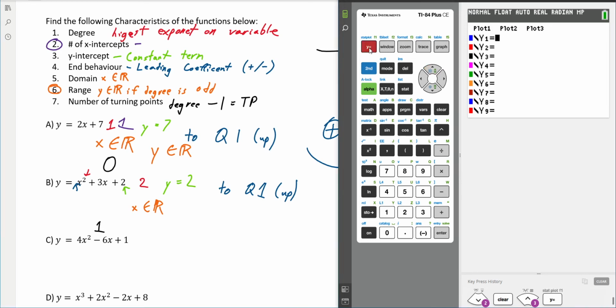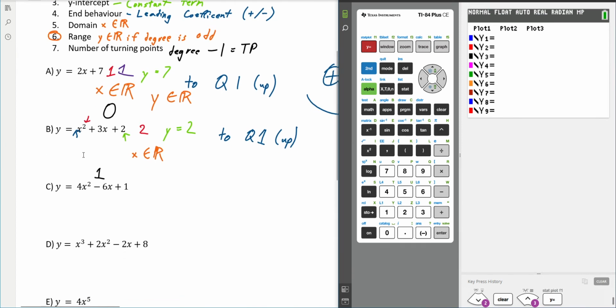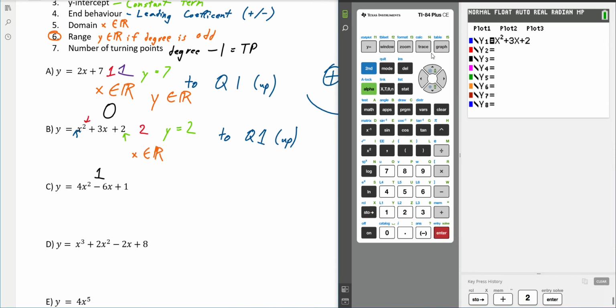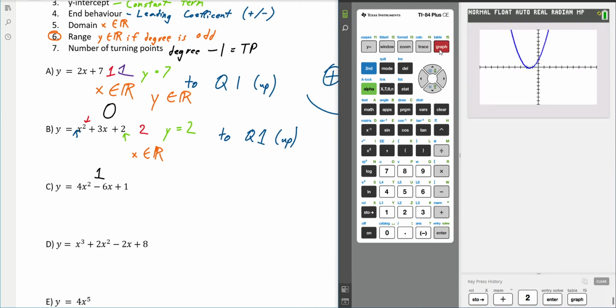If you press Y equals, it brings up this screen where you can actually type in what y equals. So here we have x squared, so we press alpha x. Now we get an x, and then squared plus 3x plus 2. So now we have the function. We press enter, then we press graph.